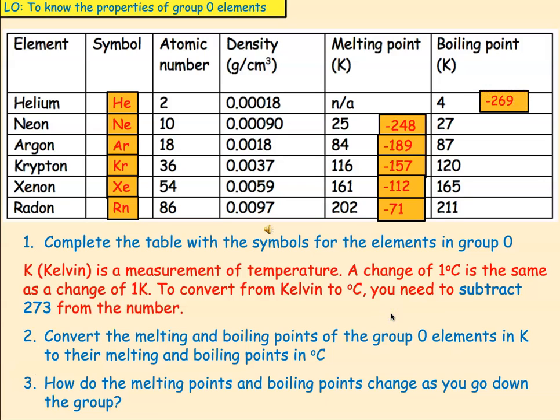4 Kelvin is minus 269, as we said already. 27 Kelvin is minus 246. 87 is minus 186 degrees Celsius. 120 Kelvin is minus 153 degrees C, and 165 Kelvin is minus 108 degrees C, and 211 Kelvin is minus 62 degrees C. So as you can see, they're all below 0.